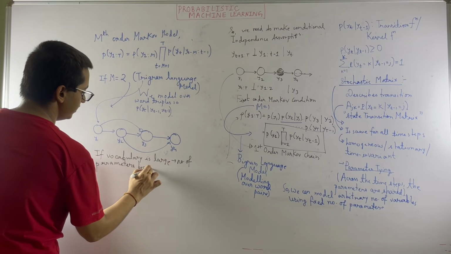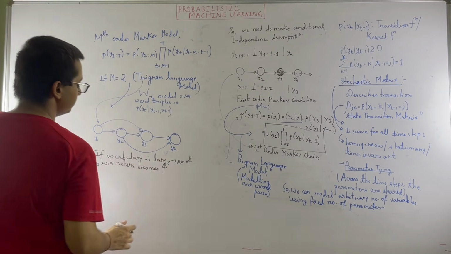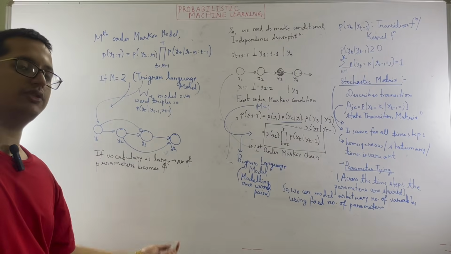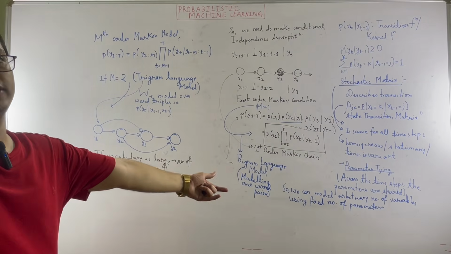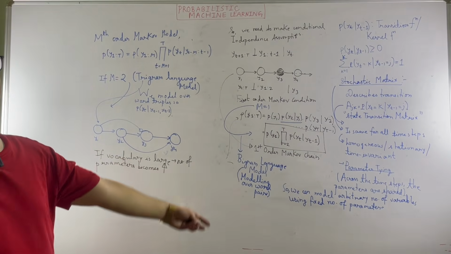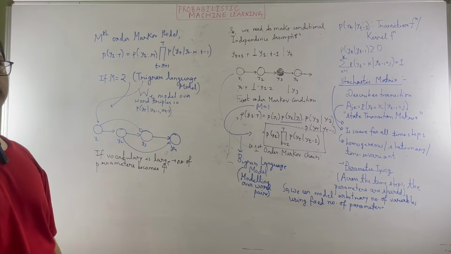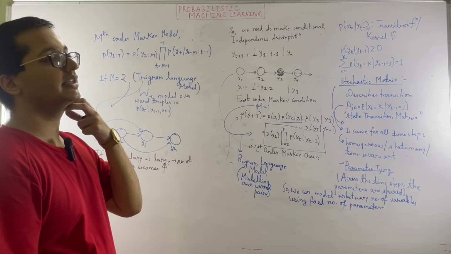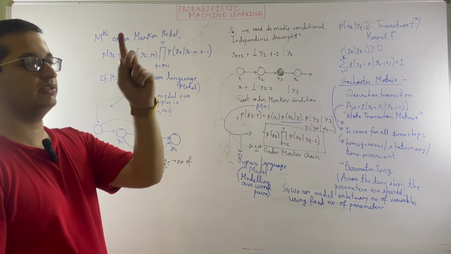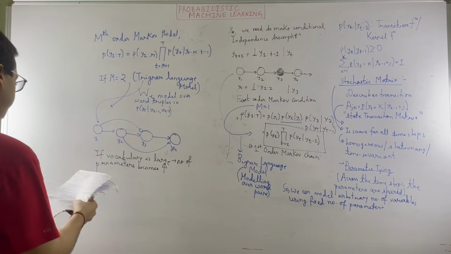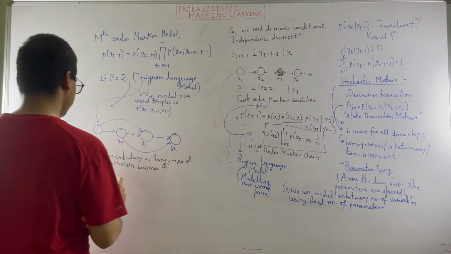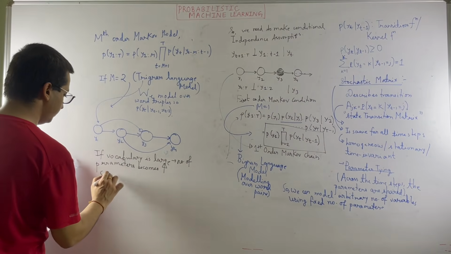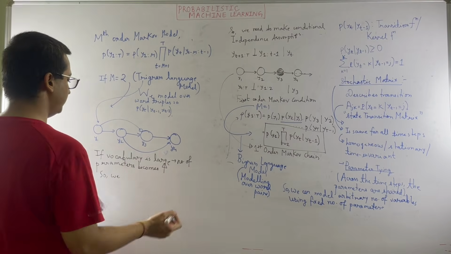If it's a 40,000 word vocabulary, then even a categorical distribution over word triplets can be 40,000 squared, because each variable can take 40,000 states and for each you have another 40,000 states.